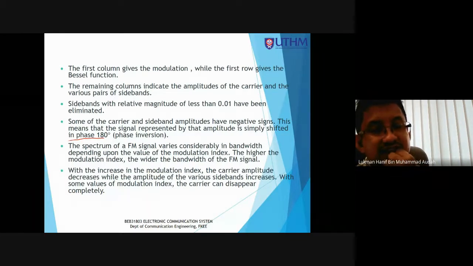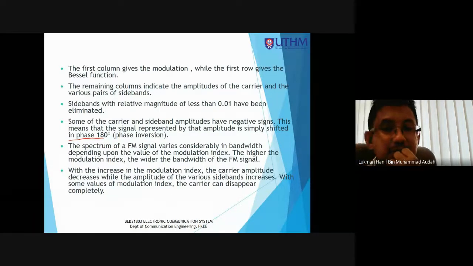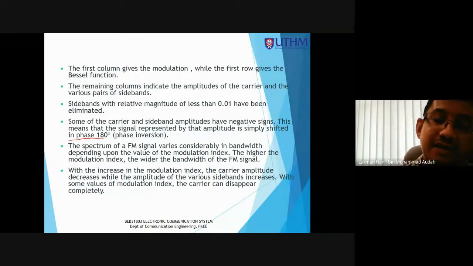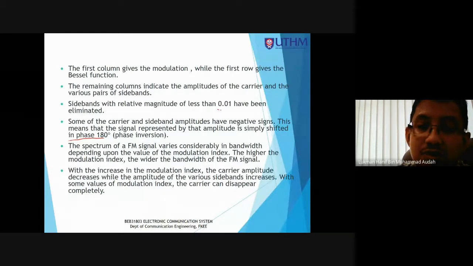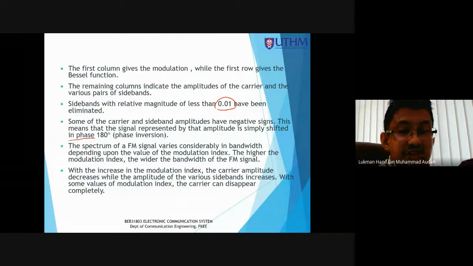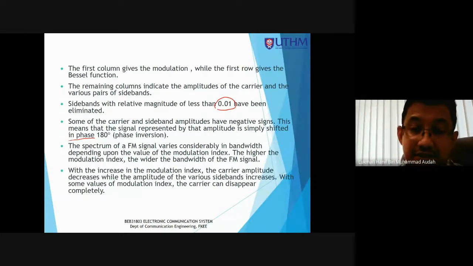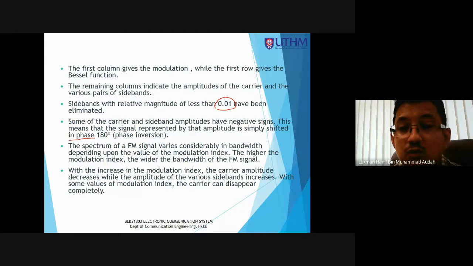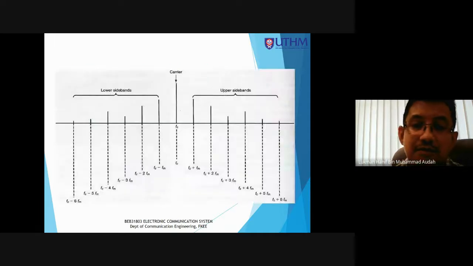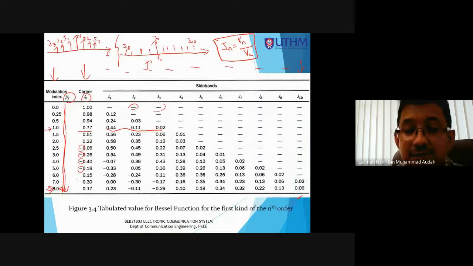And in this table, dalam table tersebut telah mengabaikan semua nilai sideband yang kurang daripada 0.01. That means if there's a sideband less than 0.01, it is not inserted in the table. Maknanya sideband table ini agak kurang tepat.